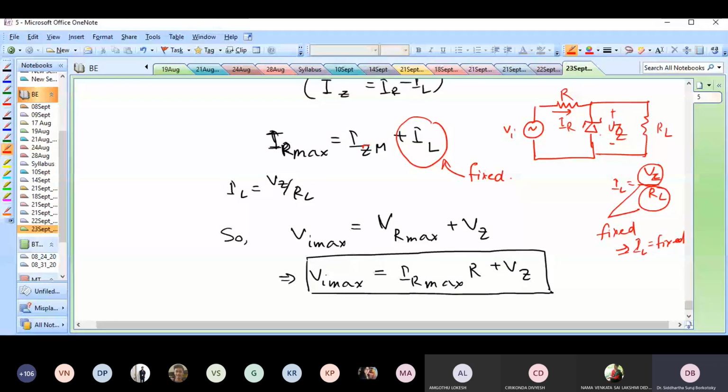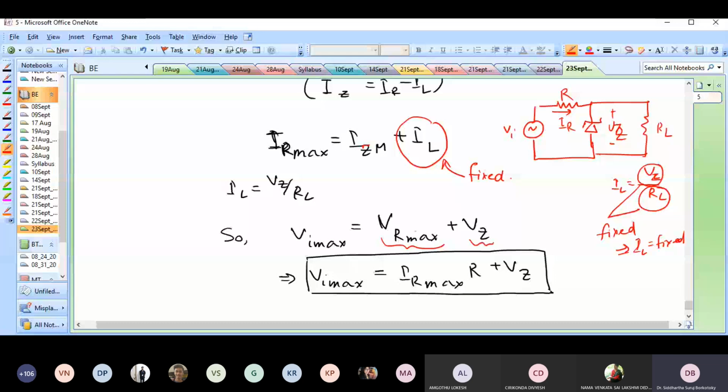At some point it will reach IZM, the maximum value of IZ. So now I want to find out what is the maximum value of supply voltage that leads to that condition. That condition is reached if you have a supply voltage of VR max plus Vz.